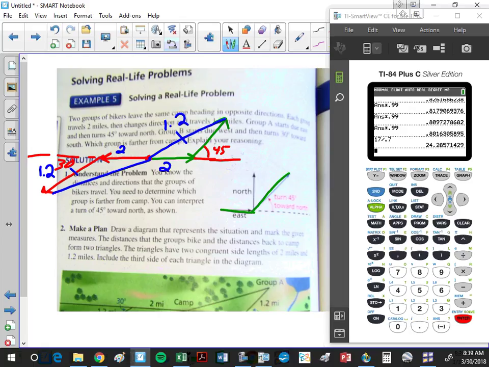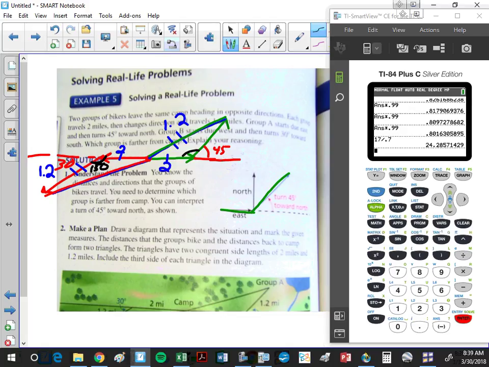Okay? So we basically have two triangles. This matches this, and this matches this. And we want to know, is this group longer? Is that distance longer? Or is this distance longer? Well, we have to look at the angles. What would this angle be? 150.